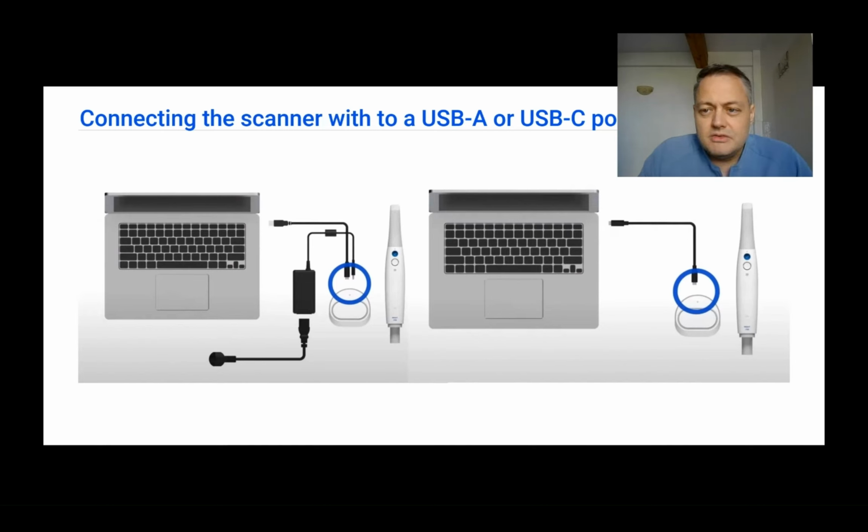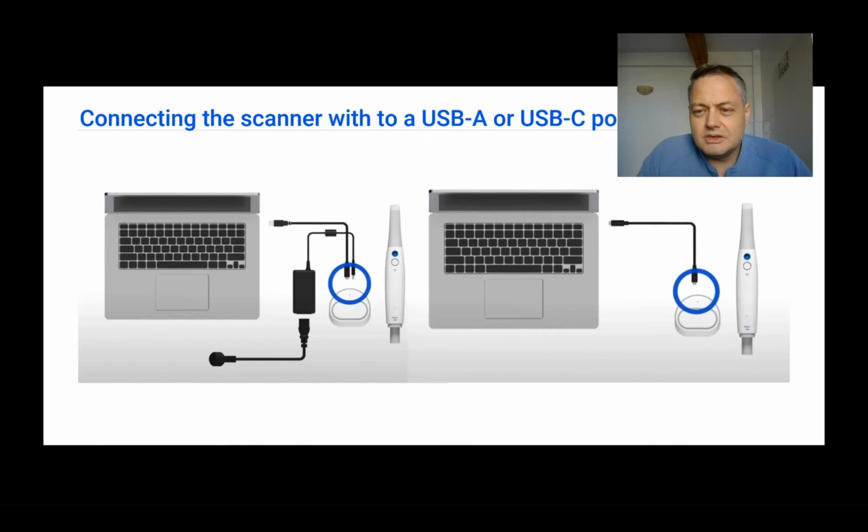On the other hand, if you are using a USB-C cable, USB-C cables provide the needed power for the scanners to work properly, as you can see on the right. The only little disadvantage for USB-C cables is that they sometimes provide power a little slower than a socket connection, and so when the scanner needs to warm up, it's going to take a little bit more time.